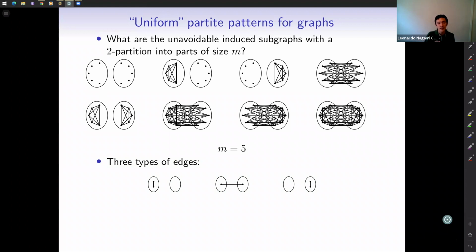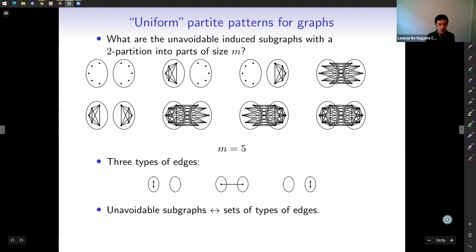And what you're saying is that these unavoidable graphs correspond to choosing a set of types of edges, and your unavoidable graph is going to correspond to that. So for instance, this one is the graph where all the edges of this type are there, and all the edges of this type are there, but none of the edges of this type are there, right? So unavoidable subgraphs correspond to sets of types of edges. Right? And this holds in general.